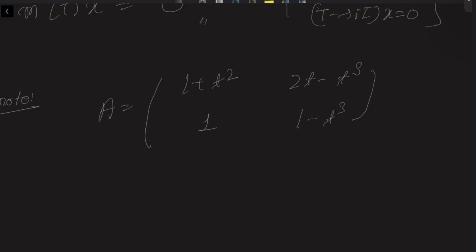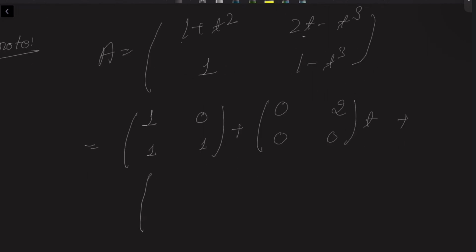This I can write as follows. I can take all the terms which are free from t: 1, 0, 1, and 1. Then the coefficients of t: there is none in most entries, here it is 2, and 0, 0, times t. Similarly for t square, the coefficient is 1 and the rest are 0, times t square.